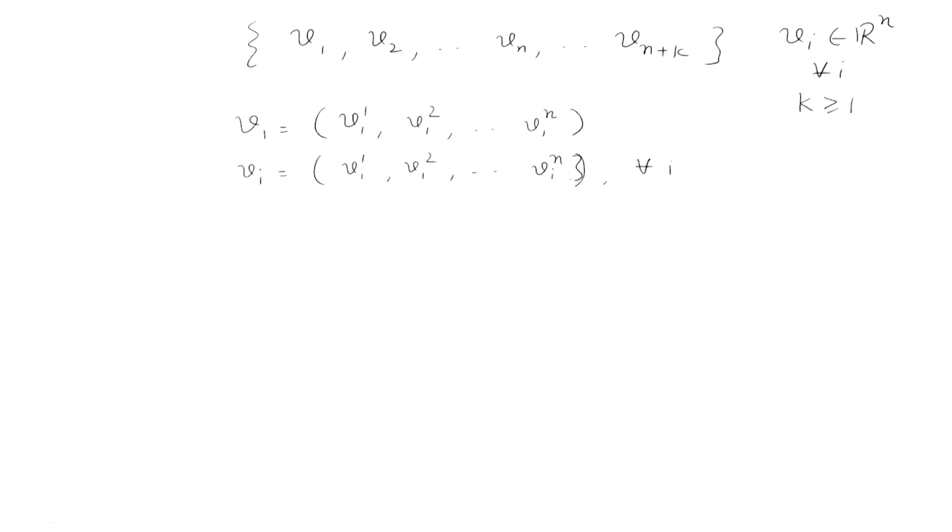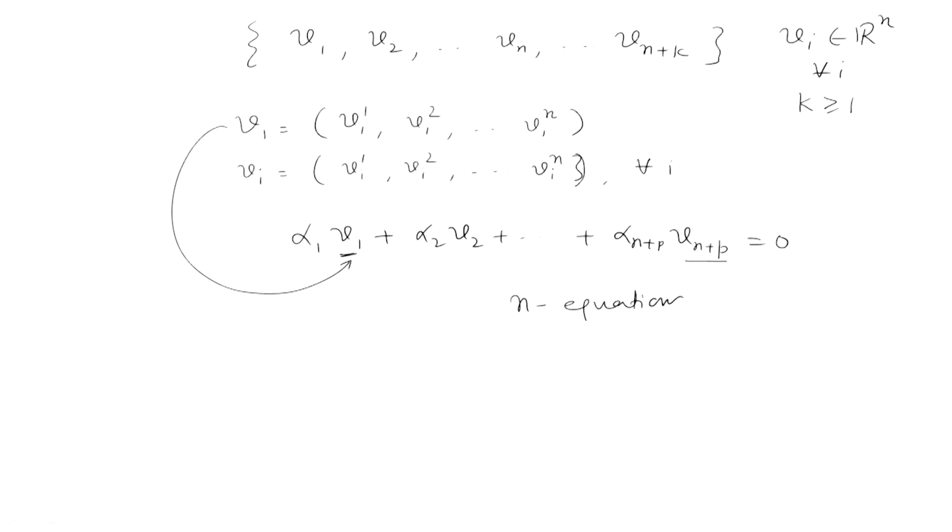Okay. Now, if you take the linear combination of these vectors, alpha 1 V1 plus alpha 2 V2 and so on up to alpha n plus k Vn plus k equal to 0. Now, when you substitute V1 from here, similarly V2, which is an n-tuple, similarly Vn plus k, and multiply V1 with alpha 1, V2 by alpha 2 and so on, you will get n equations with n plus k unknowns, k is greater than or equal to 1.